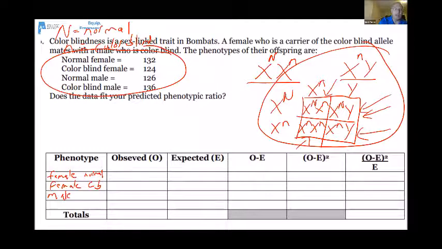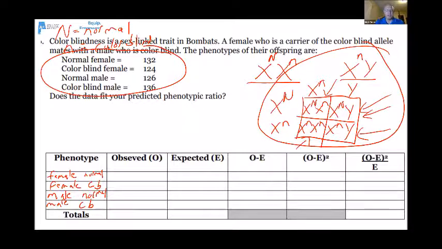I've got males, normal, and males, colorblind. Since this is a sex-linked trait, we want to break this up by gender and trait. That's why I did females and males separately. If it wasn't a sex-linked trait, if it was autosomal, there would be no need to break it up by sex. But whenever you're doing a problem like this and it's X-linked, break up your phenotypes by trait and by gender.